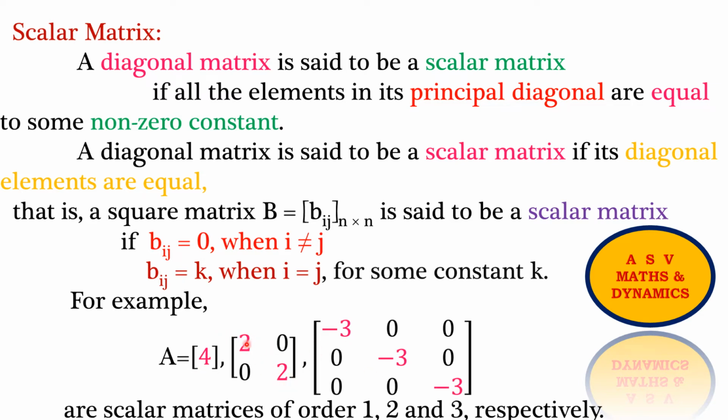Here you see 2 2, negative 3, negative 3, negative 3, but the other non-diagonal elements must be 0. So the diagonal elements can be 3 3 3, 5 5 5, 4 4 4, any number, but it must be the same. At the same time the non-diagonal elements should be 0.